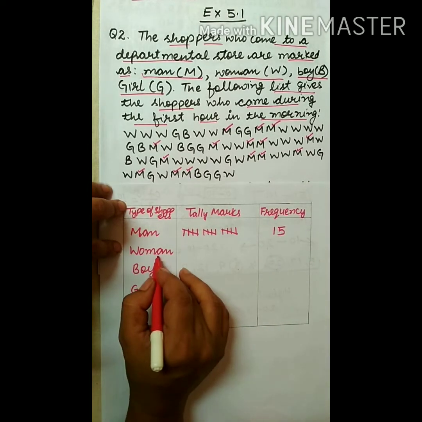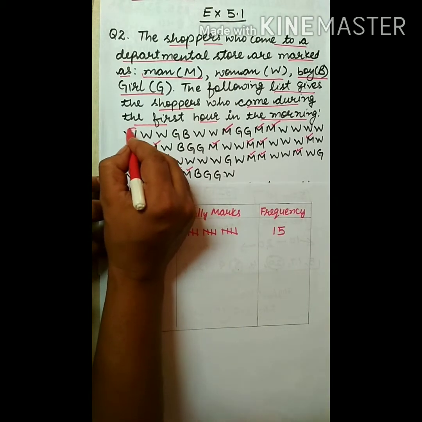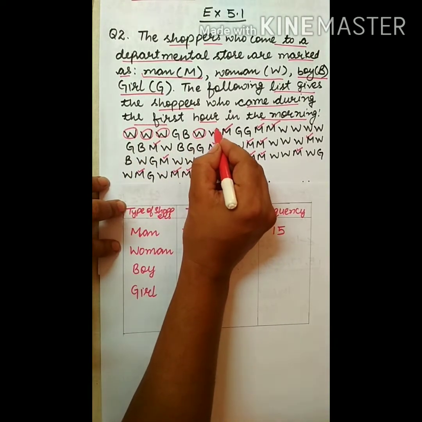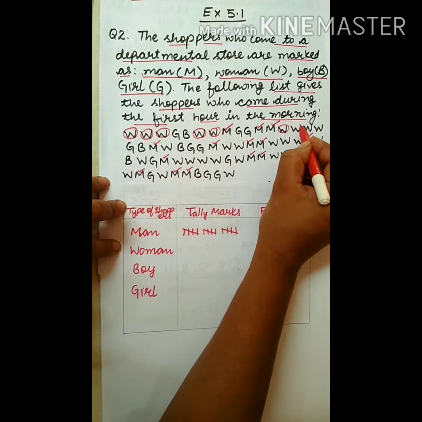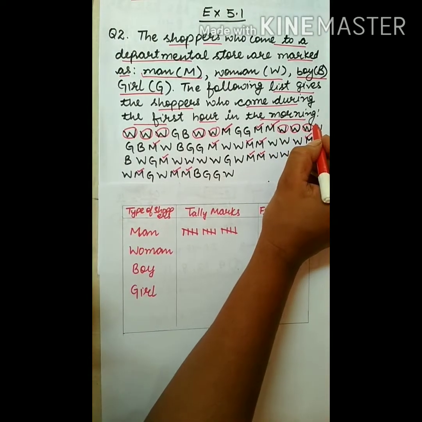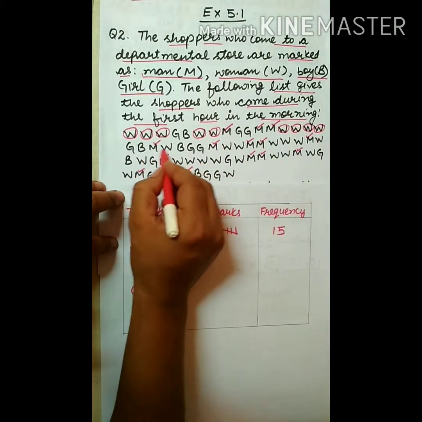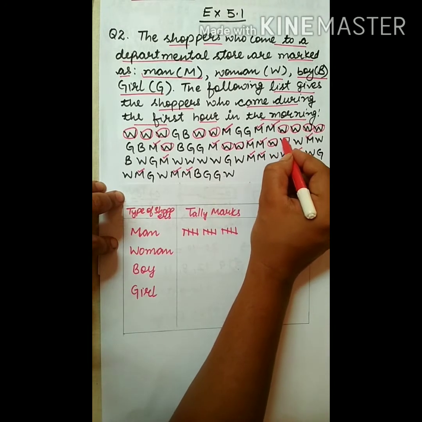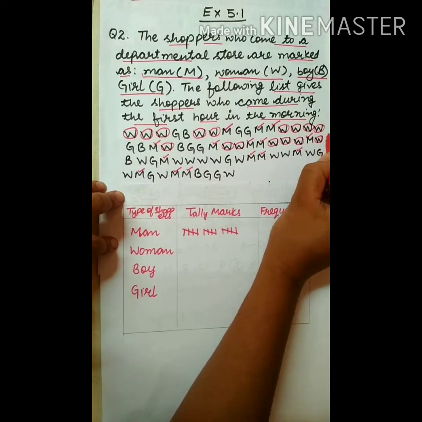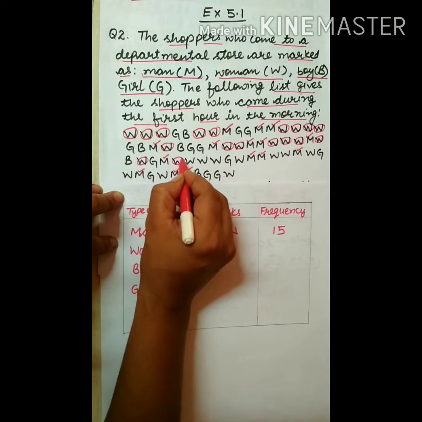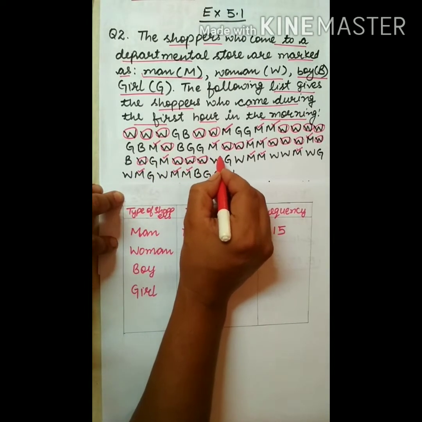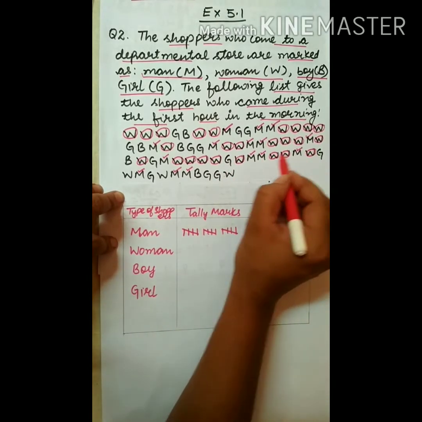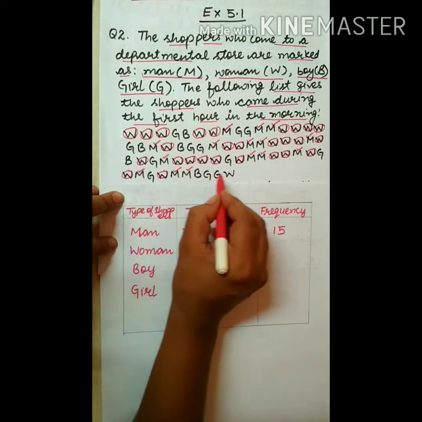Now I will count for women. I will just circle women. 1, 2, 3, 4, 5, 6, 7, 8, 9, 10, 11, 12, 13, 14, 15, 16, 17, 18, 19, 20, 21, 22, 23, 24, 25, 26, 27, 28.